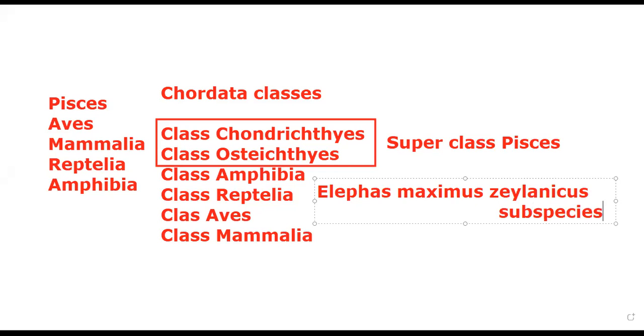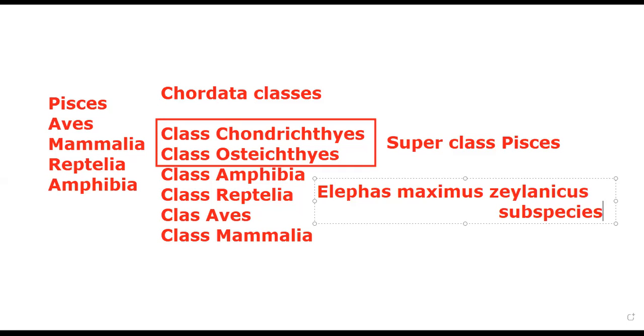There are instances where one kingdom is divided into subkingdom, one phylum divided into subphylum, one class divided into subclass, one species divided into subspecies, one genus divided into subgenus. That kind of thing also can happen.